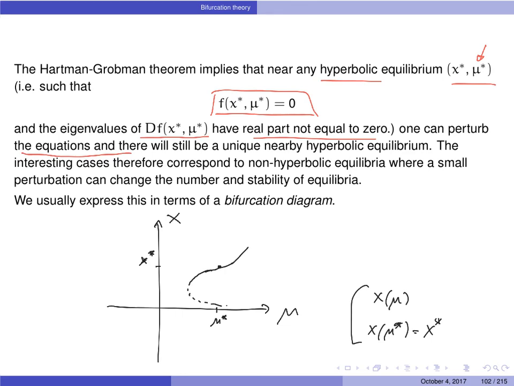The branch in the other direction may also interact with other unstable solutions at points that we will call bifurcation points. So here's one bifurcation point, here's another bifurcation point. And the general property of bifurcation points is that when you look either side of the bifurcation point, you'll find that the number of solutions, the number of equilibrium solutions, changes.